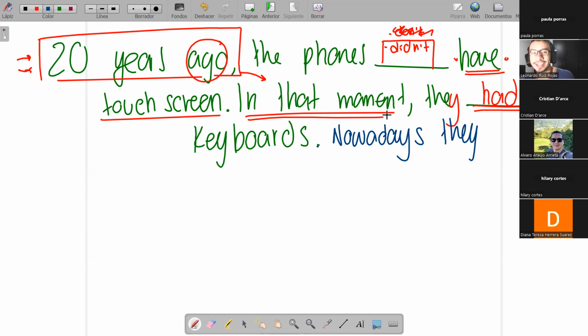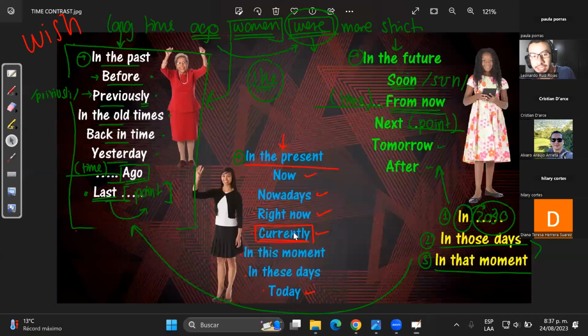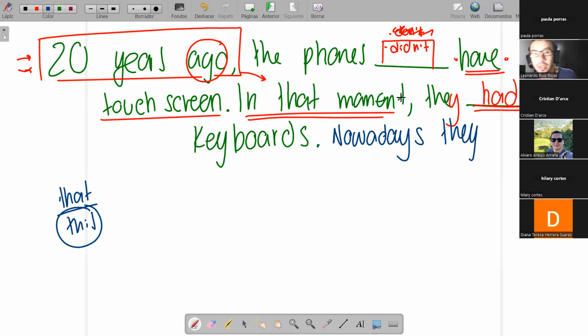Recuerda que hay diferencia entre that y this. This es para el presente, y el pasado sería in that moment. En ese momento, ellos tenían teclados. Claro, por eso es pasado. Es importante saber esos detallitos.